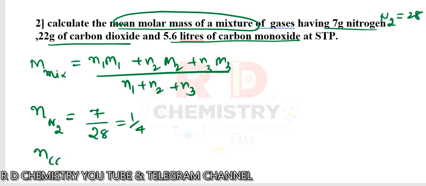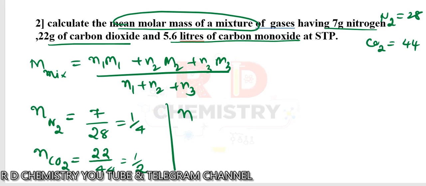Number of moles of carbon dioxide is equal to the given mass 22 divided by the molar mass of carbon dioxide. What is the molar mass of carbon dioxide? It is 44 gram per mole, right? Divided by 44, so this will be 1 by 2. Similarly, number of moles of carbon monoxide. How to calculate? The mass is not given, it is given in liters.